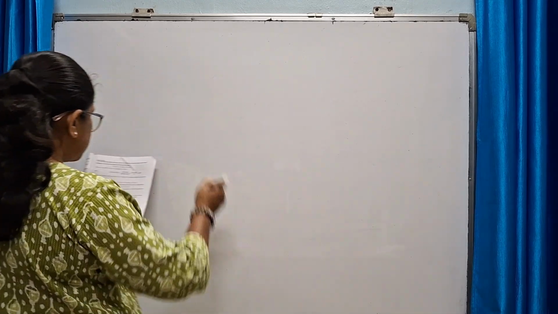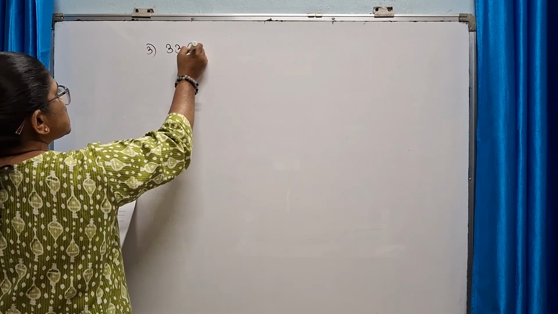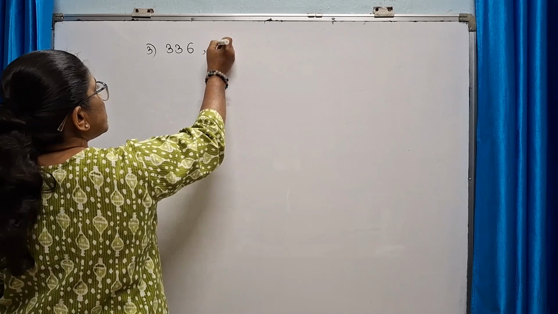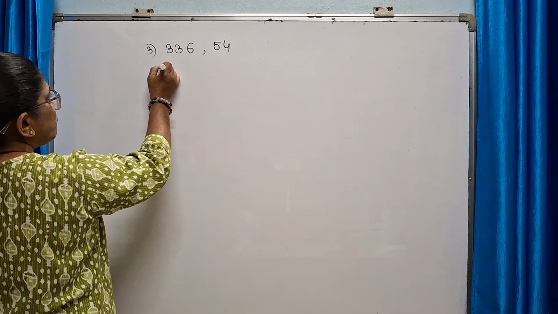Now the third question here: the numbers are 336 and 54. Okay, let's factorize 336 and 54. 336.